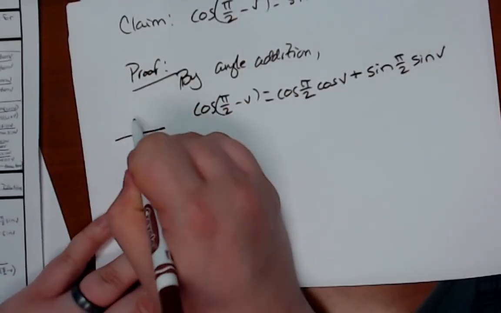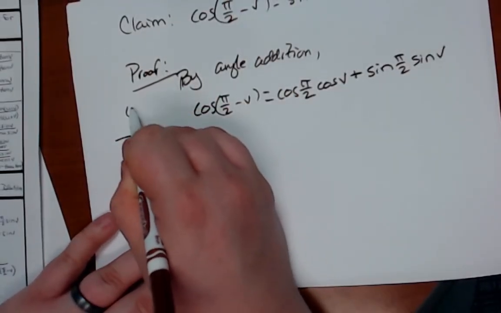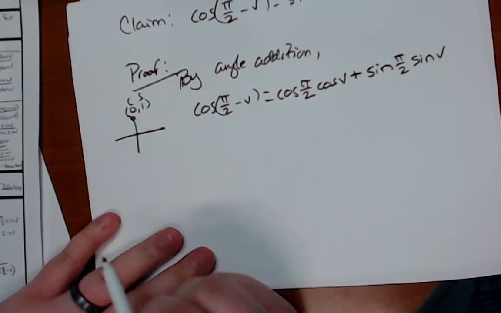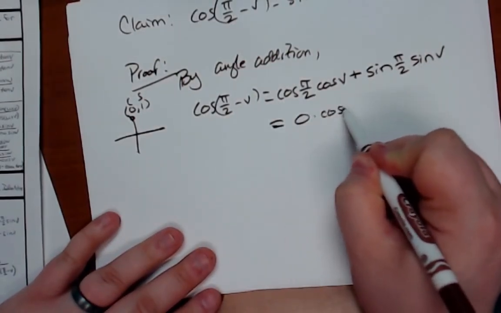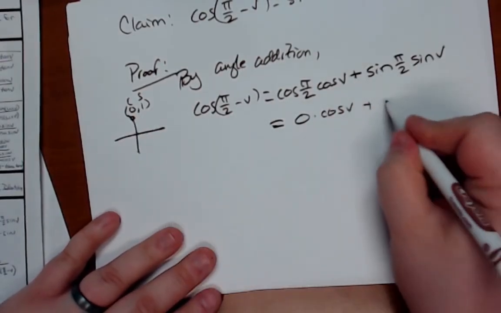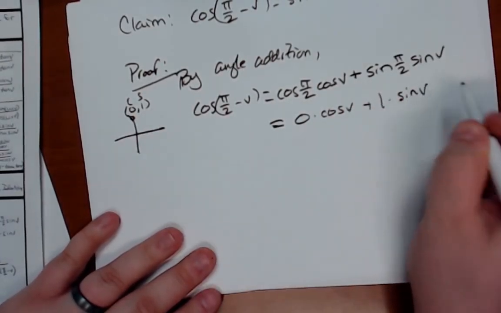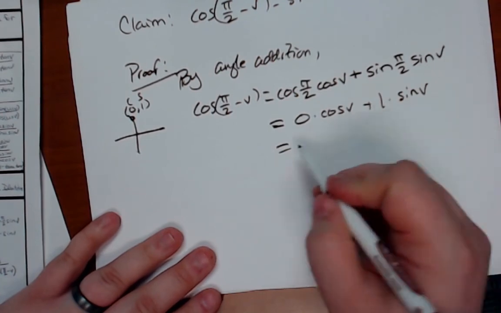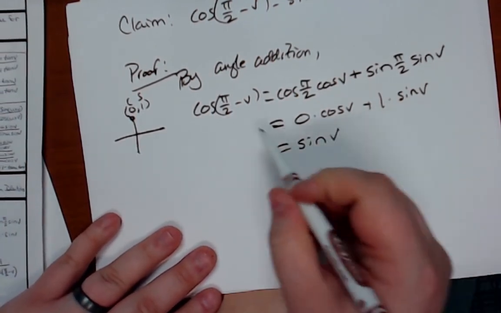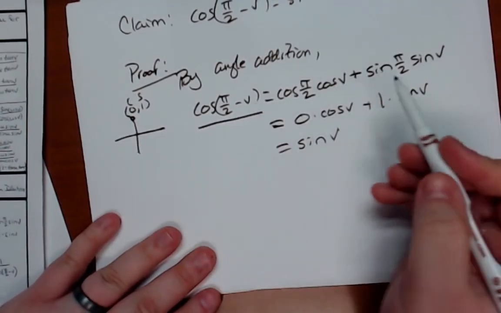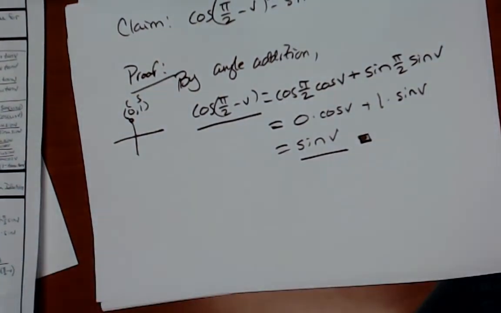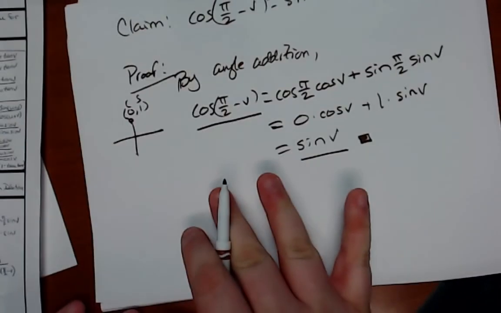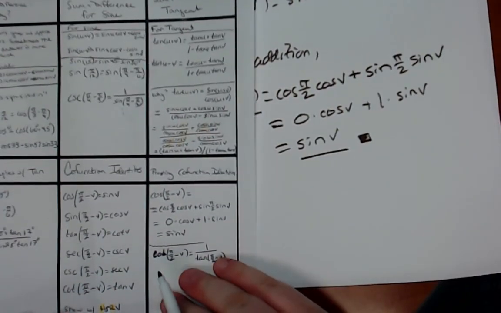So we draw in our unit circle. Cosine of pi over 2 is 0 times the cosine of v, plus sine of pi over 2 is 1 times sine v. 0 cos v is 0, 1 sine v is sine v. So cosine of pi over 2 minus v is equal to the sine of v. And that's how you would prove these cofunction identities are true.